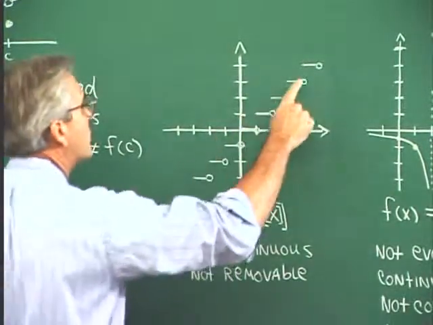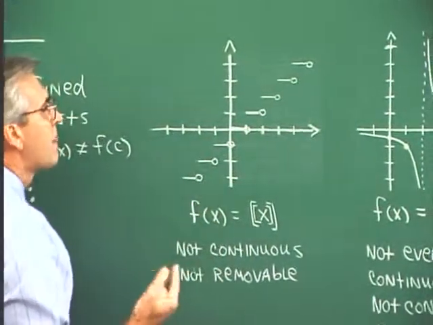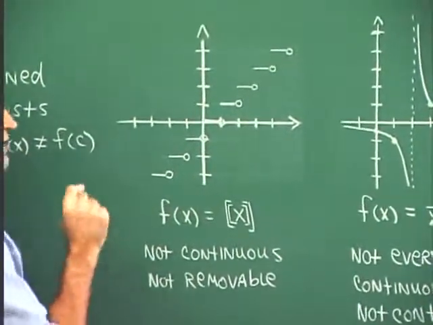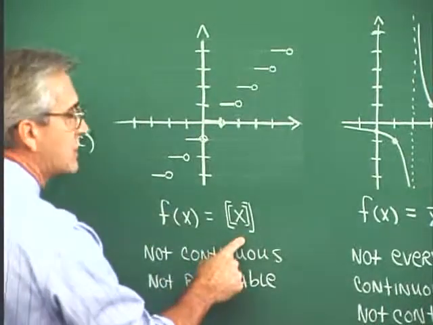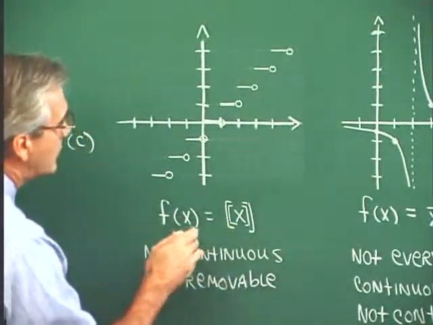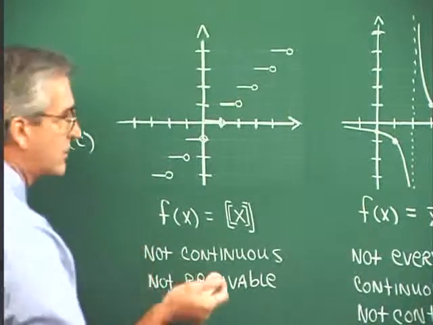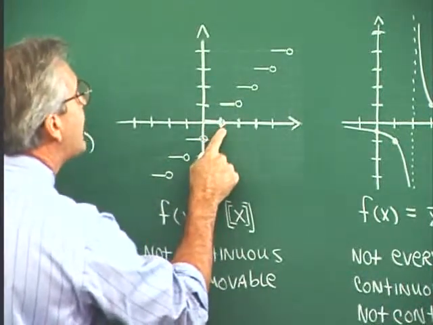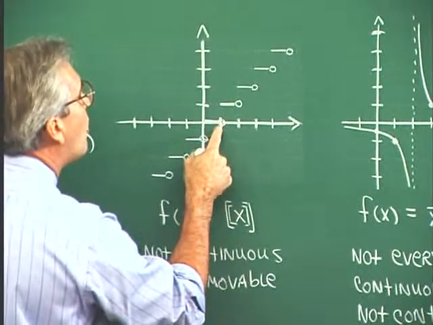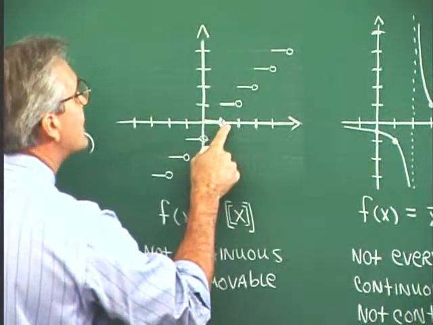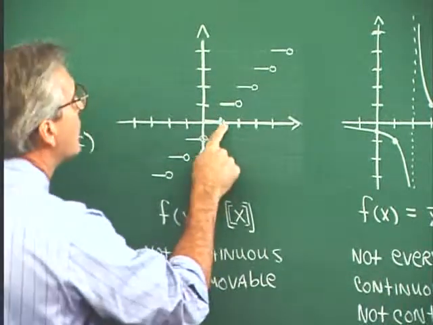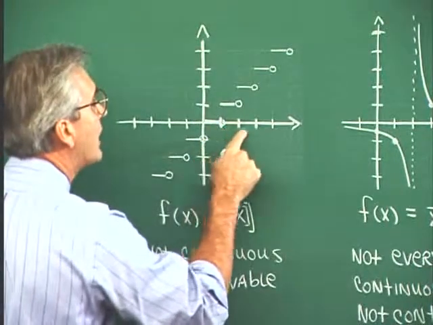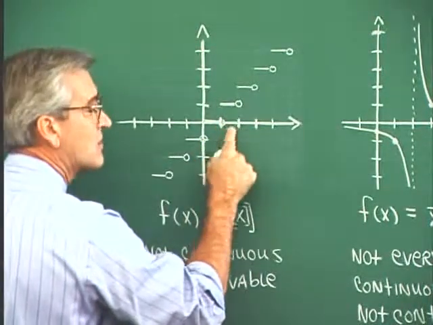Here we have a function that's a step function. It is the greatest integer function. f of x is the greatest integer in x. And just to jumpstart your memory about this kind of function, if x's fall between 1 and 2, the greatest integer in the numbers that fall between 1 and 2 is 1.